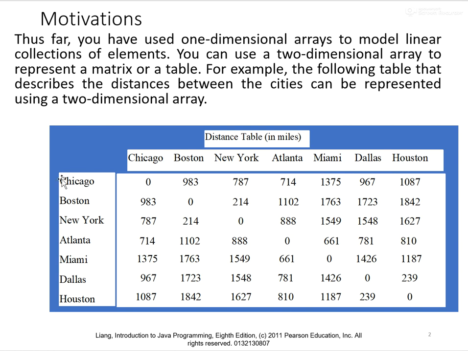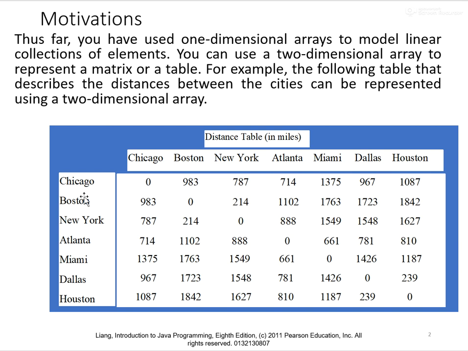And we want to tabulate, store the distance in miles from any one of these cities to any other city. So one way to do that is by keeping that information in the form of a table like this one.